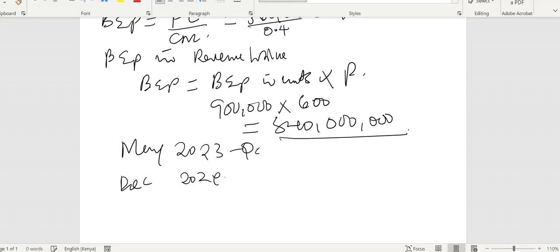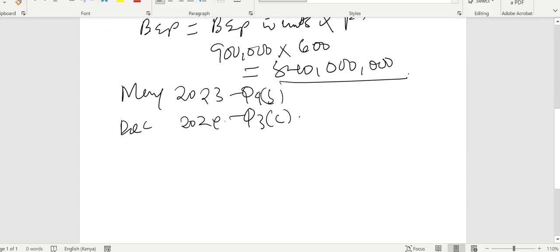I think this is question 4B. Question 3, on the break-even point scenario. Good. Now we move to another concept.